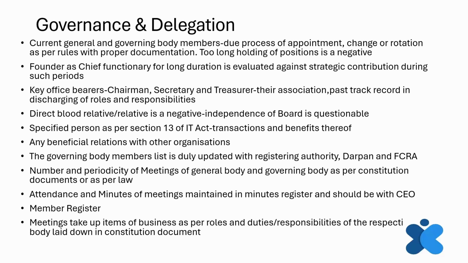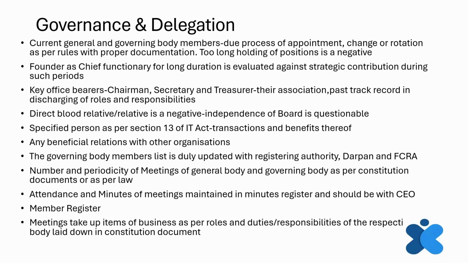I also find that, while the roles and responsibilities of the general body and the governing body are specified in the constitutional document, the meetings are not done for business related to their roles and responsibilities.